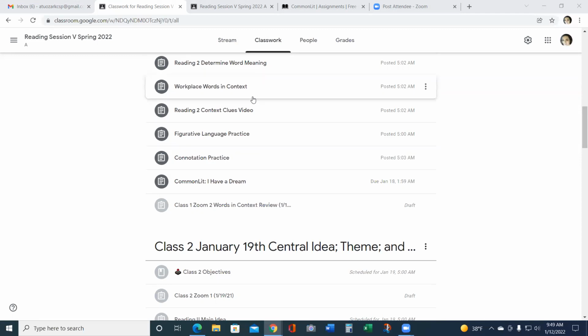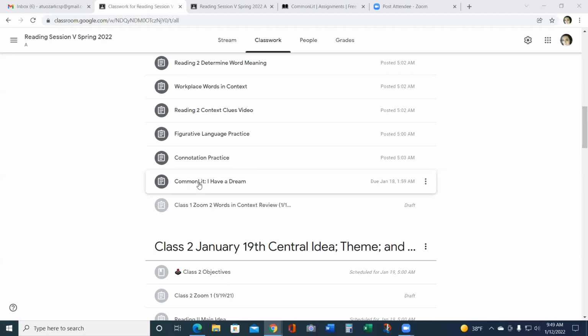Get through those over the next hour or so until we meet back here at 11. Work on these, getting those done. If you get a chance to get to your Common Lit, by all means do that, but I do want you to focus on getting these first 5 done over the next hour or so, because those are the ones we're going to go over.